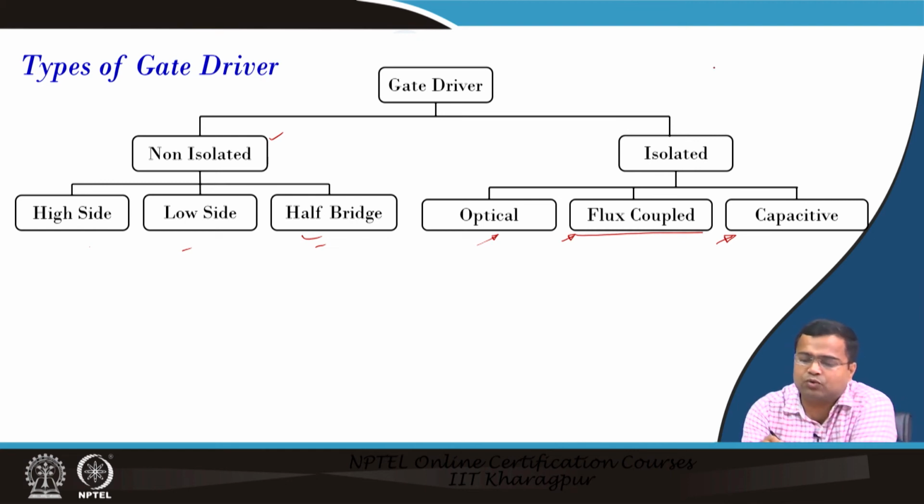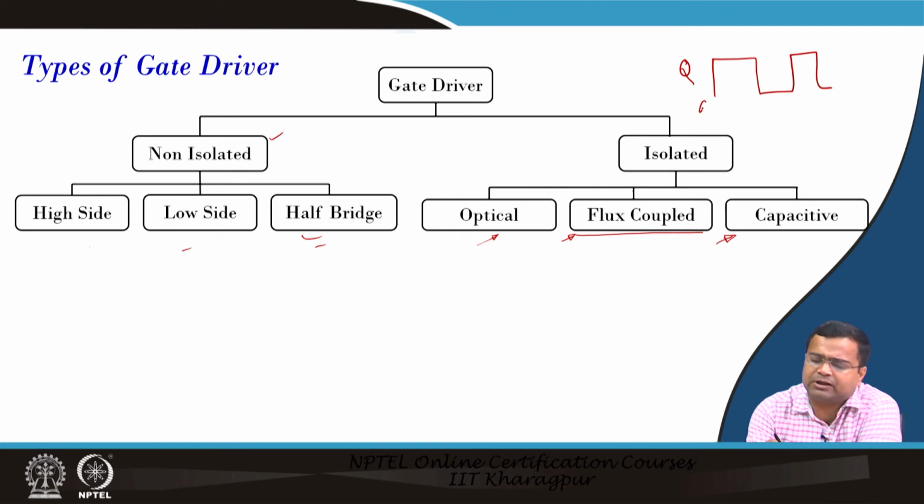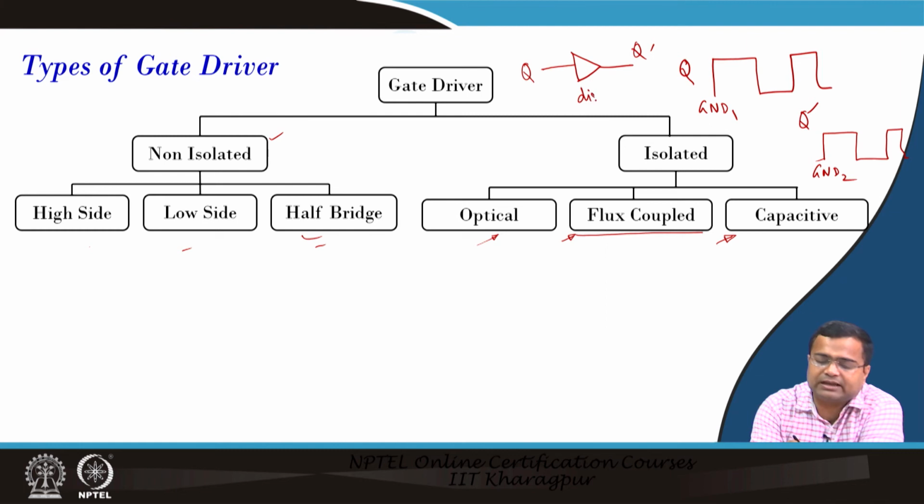Suppose this is for an isolated converter, and you have generated a gate signal Q with respect to some ground 1, but you want to generate a gate signal Q dash which will be the same, but with respect to some ground 2. Then what will we do? Between Q and Q dash you need a digital isolator.